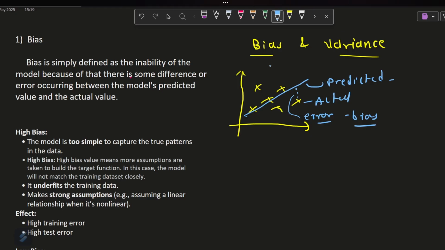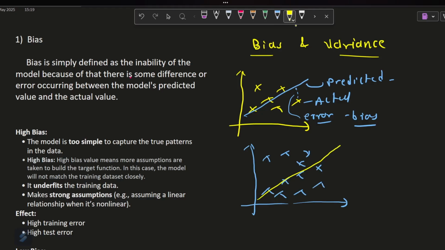High bias. High bias means, let's understand the concept. These are the data points that we have, and this is your predicted point, right?